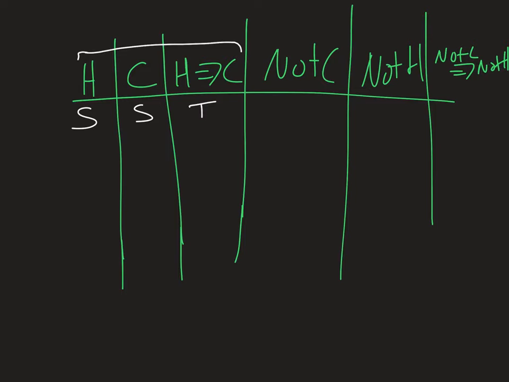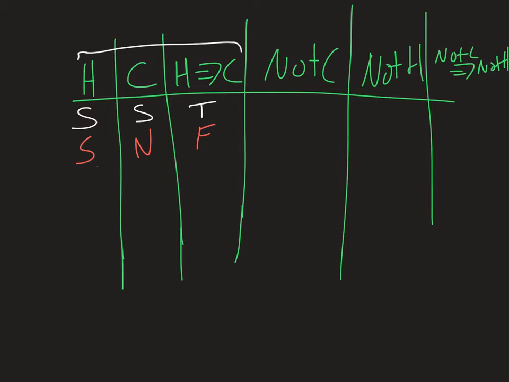If I don't satisfy H, or if I do satisfy H but I don't satisfy the conclusion, well, that would make the statement false. And if I don't satisfy the hypothesis in any way, but the conclusion is whatever the conclusion is, then it becomes vacuously true.